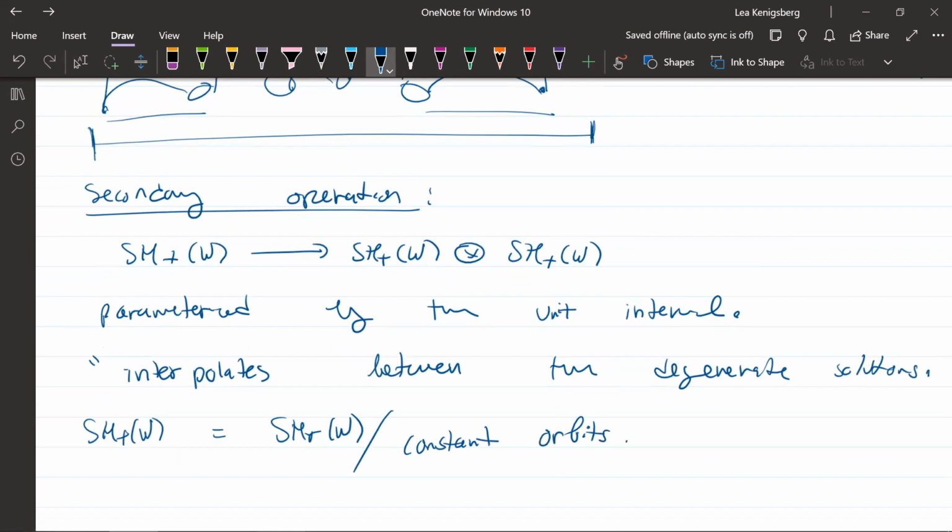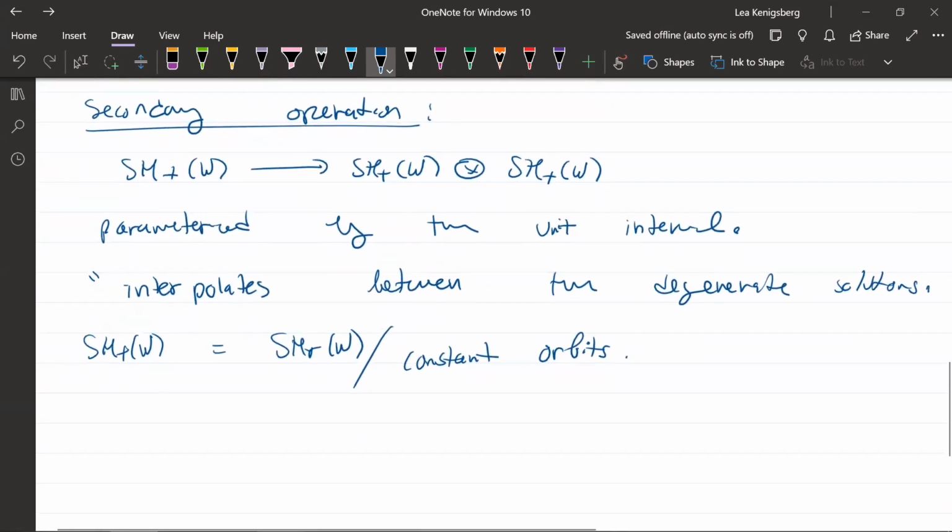So you lose some information when you mod out by the subcomplex generated by constant orbits, and you don't want to do that. I will also try to give you more motivation for why people are interested in defining something that is defined on all of symplectic homology. Any questions?